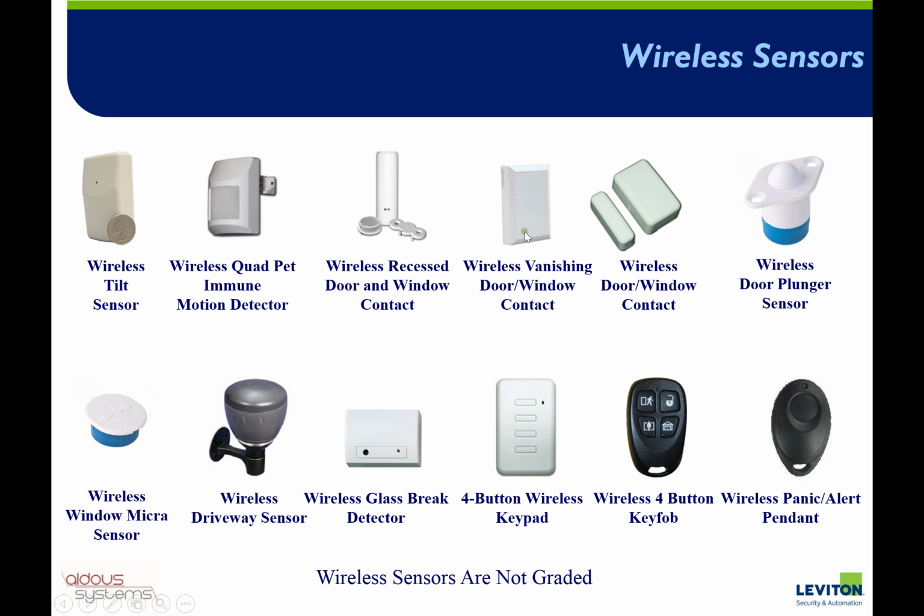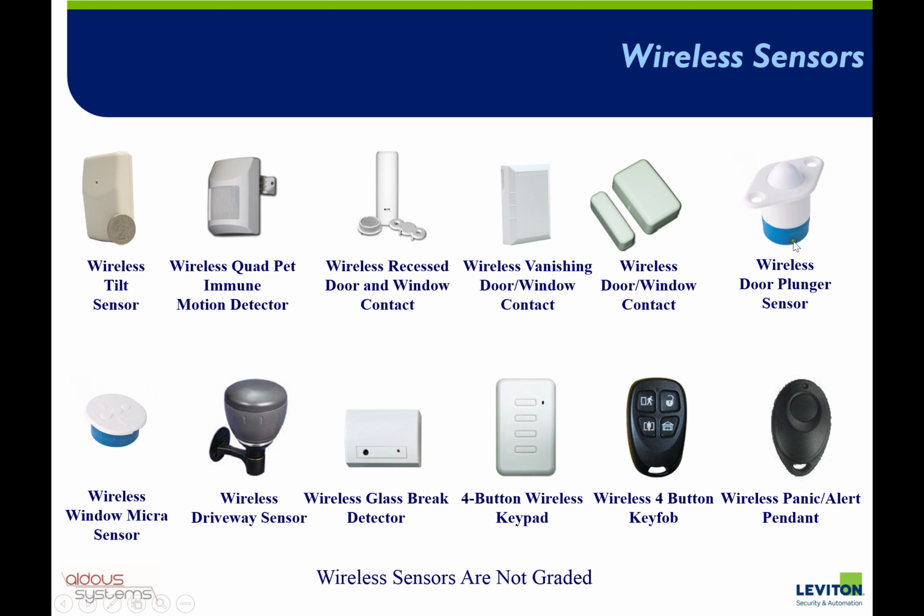Then we have 2 door window sensors. They're really the same concept, where you've got 2 bits to it. One goes on the door frame, one goes on the door, and when they're together, it's secure. When they're separate, they're not ready. It's just that this one is white with chamfered edges to blend in with UPVC windows, and this one isn't. But they both perform the same function.